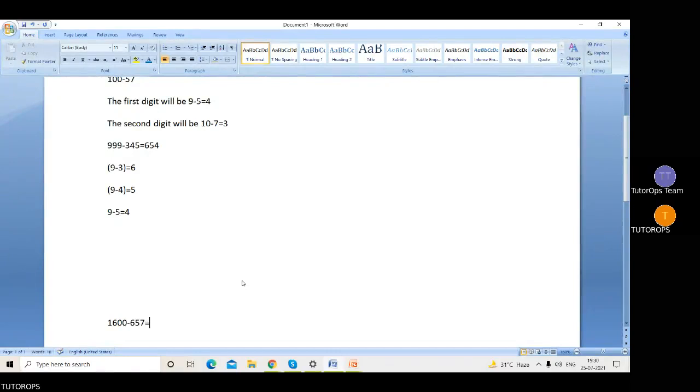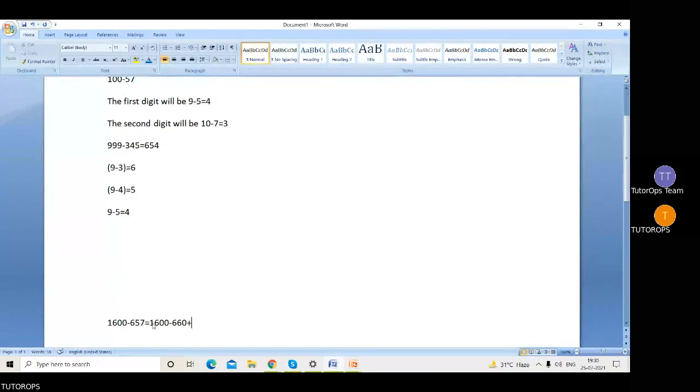For 657, what is the nearest multiple of the base? Yes, it will be 660, because 660 is 66 into 10. So the base is 10 and we are taking the multiple 66 into 10. You may take the base of your choice, but here I am taking the base 10 to make the calculation very easy.